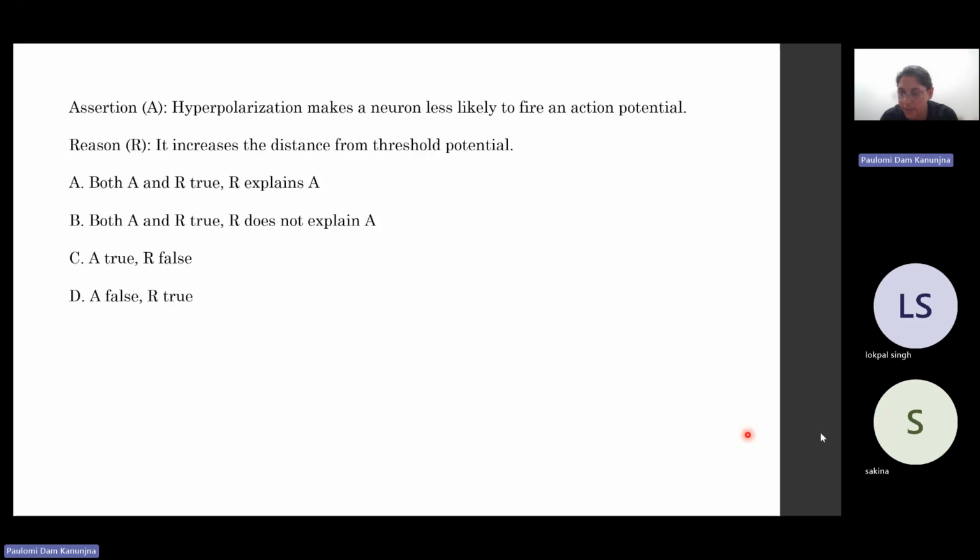Okay, anyone else? Okay, I think you will not receive a response. Think upon it and what do you think is the correct answer?